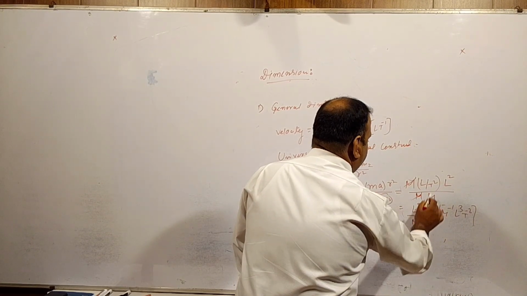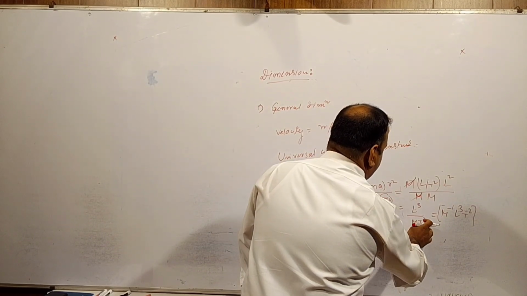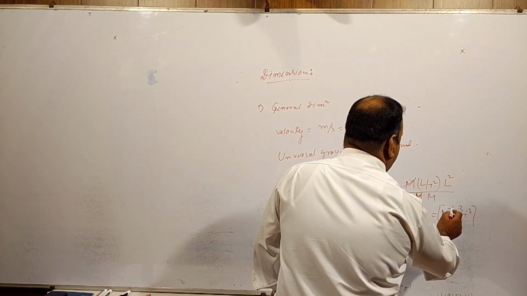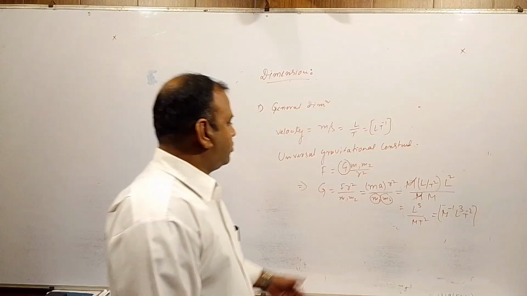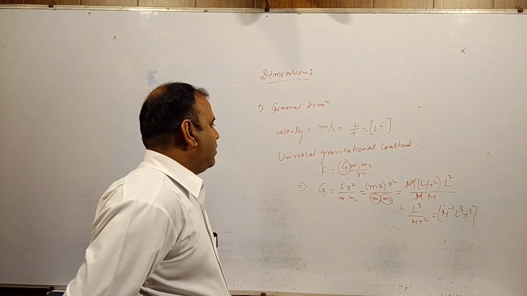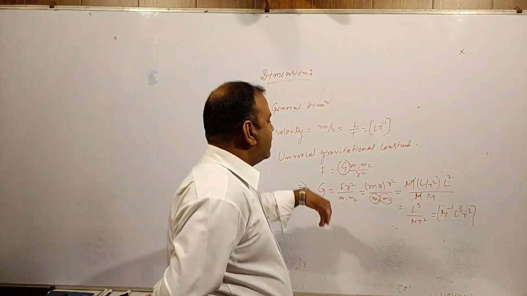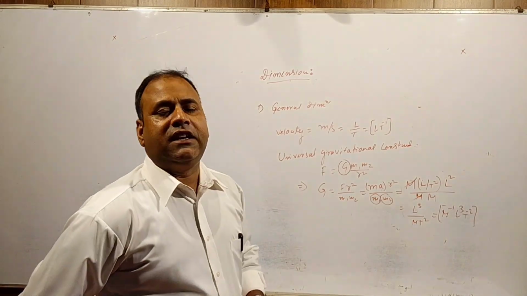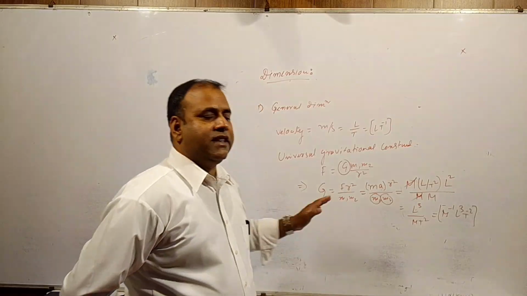T will come down, so it will be T square. Finally we can write M to the power minus 1, L to the power 3, and T to the power minus 2. This is the dimension of the universal gravitational constant. You always remember F r square divided by m1 m2, this one formula. This is the process. In this way you can easily find the dimension of any quantity. That is why it is called general dimension.